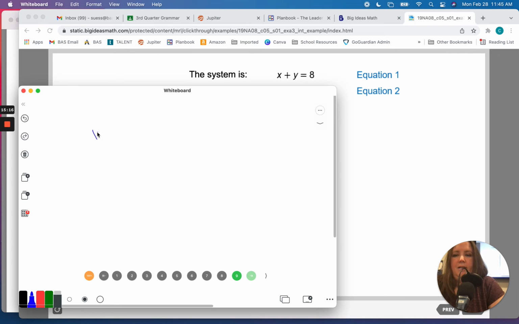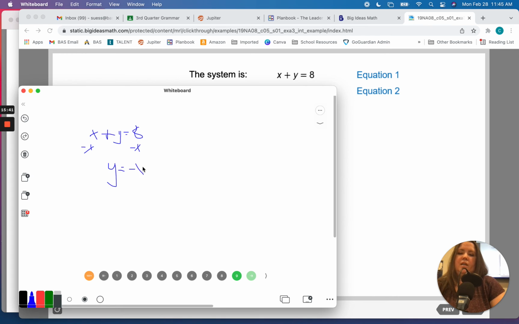So if I have x plus y equals 8, we subtracted x. This is a giant y. y equals negative x plus 8.